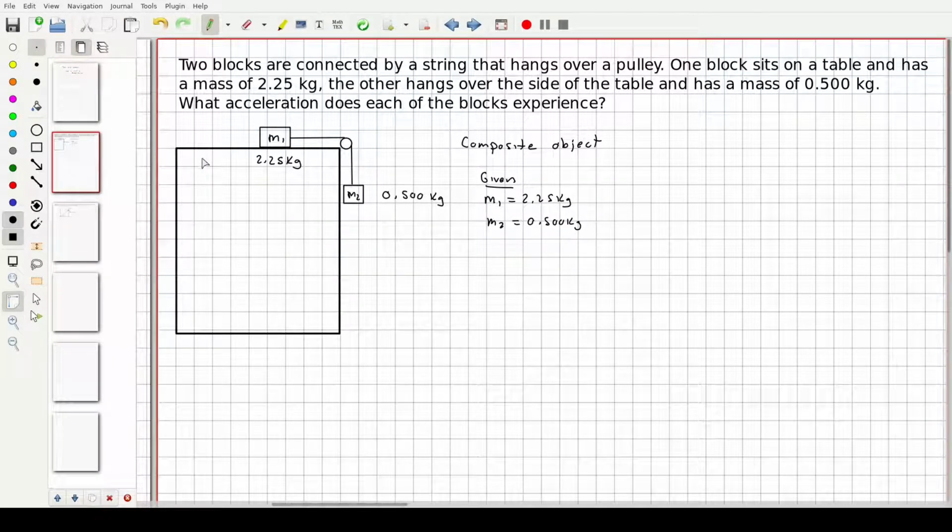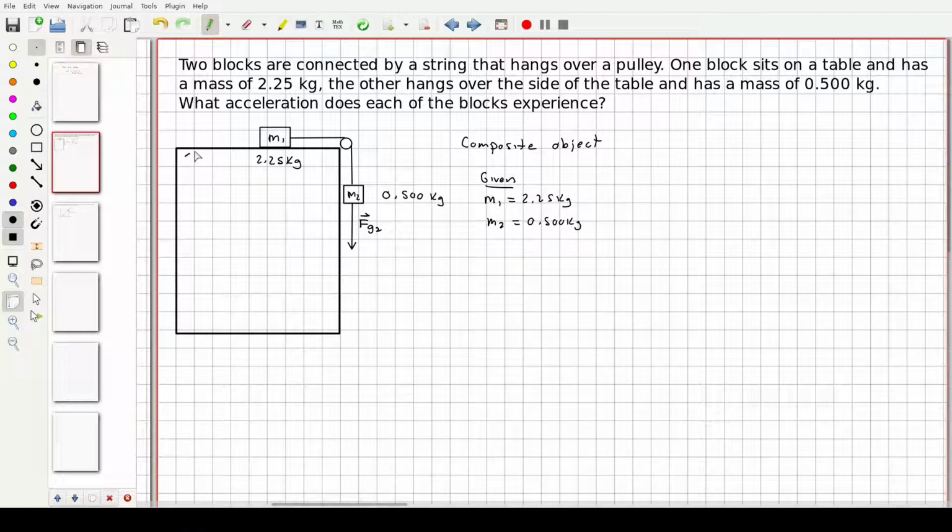Now, what's going to make these blocks move, or at least have their motion changed, is the acceleration due to gravity. So we know mass 2 has mass. It's in the presence of the Earth, which means that there is a force due to gravity that mass 2 is going to experience like this.